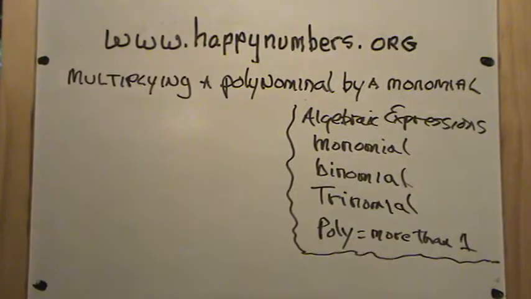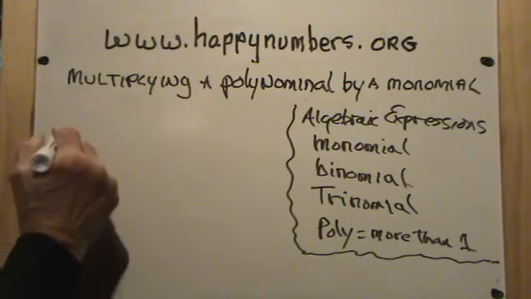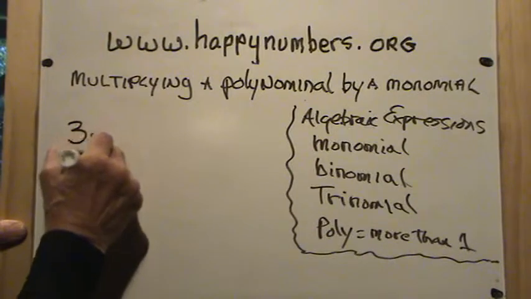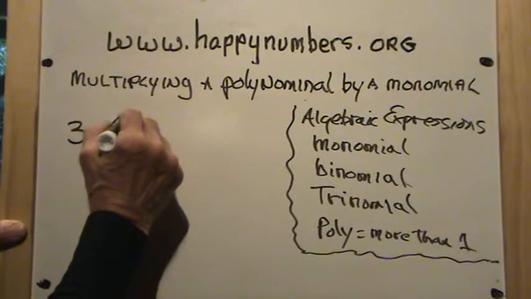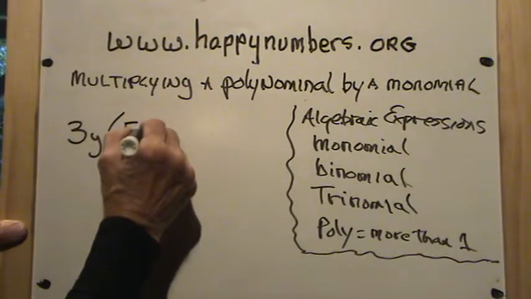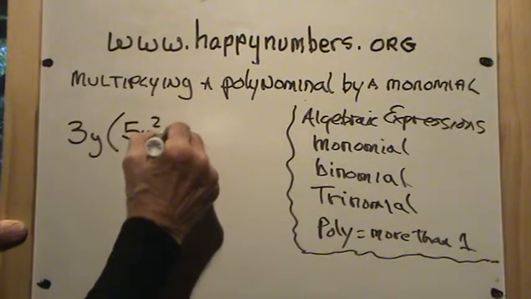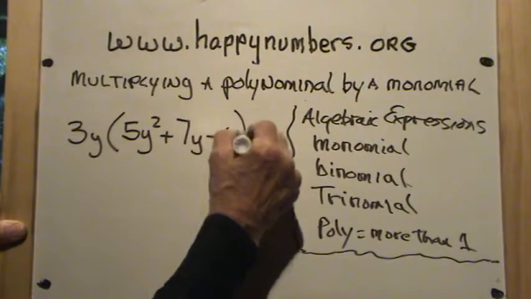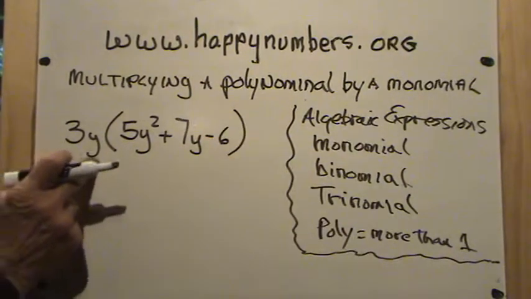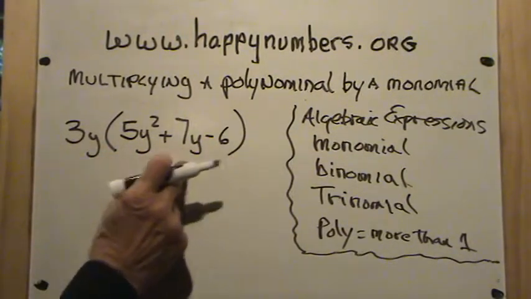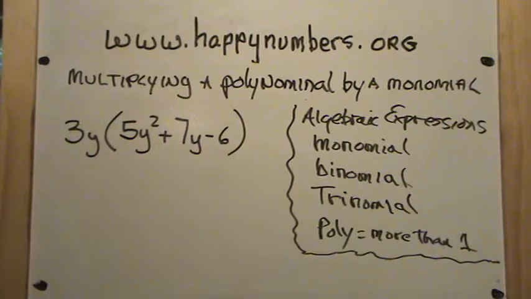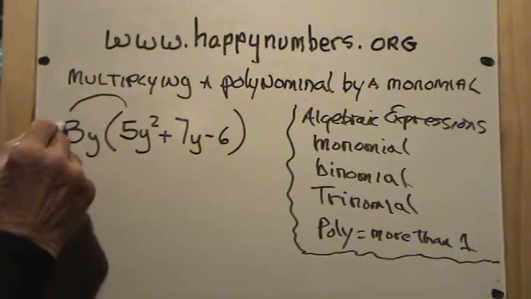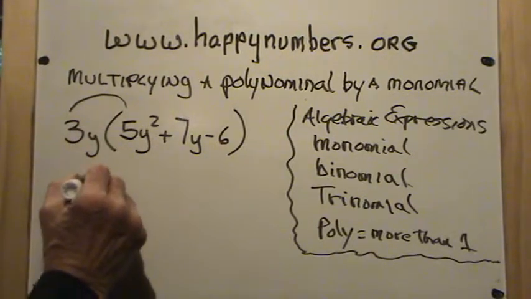Let's take a look at this kind of a problem. Let's take a look at 3y times a trinomial, 5y squared plus 7y minus 6. So now I have a monomial and a trinomial here. But our process is the same. Multiply the coefficient. 3 times 5 is 15.